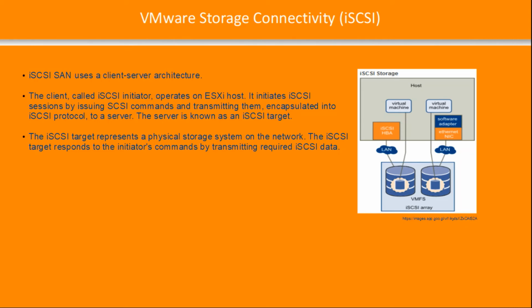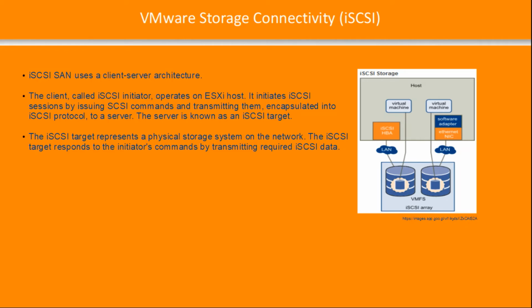The next storage connectivity we look at is iSCSI. As shown in the picture, iSCSI is a client-server architecture where the initiator, or the source, is called the host, where the connectivity is established or initiated, and the target is the actual iSCSI array.